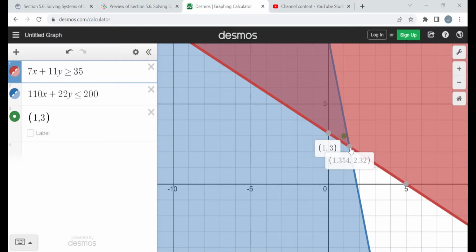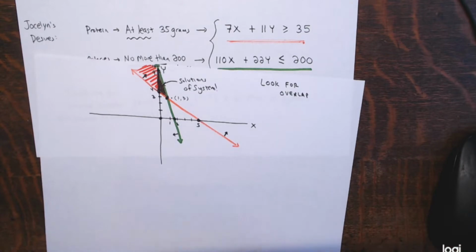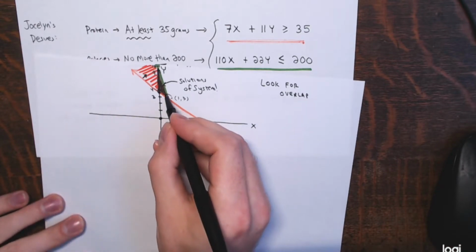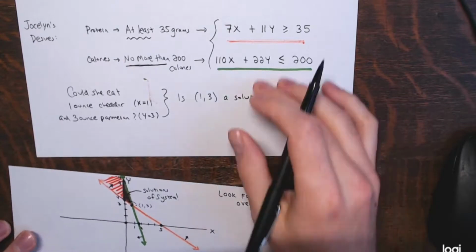They meet at (1.354, 2.32). That's where the two lines meet. But the point (1, 3) is in that overlapping region, so it is a solution of the system. Again, my hand drawing was terrible. But we'll see it is a solution by actually checking it.